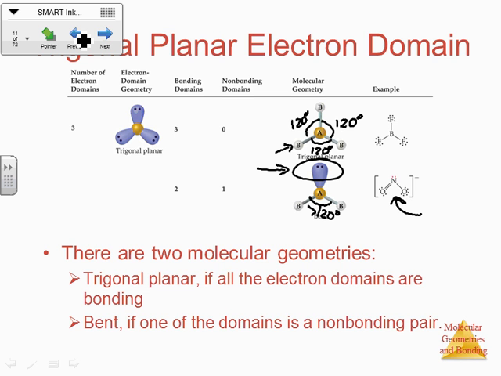You don't necessarily need to know exactly what it is, but you do need to know how those lone pairs change the geometry just a little bit, change those bond angles. The idea there is this lone pair is kind of pushing on both of these bonds and forcing them down just a little bit more, so that we have less than a 120-degree angle there.